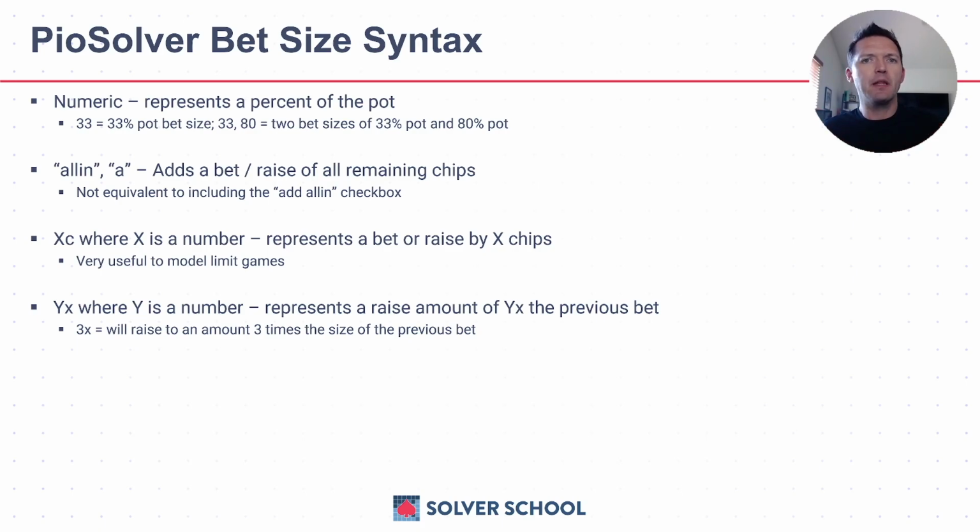So commonly used here would be 3x, 4x, 2x, whatever the case may be. But if I chose 3x here, that's going to choose a raise size that is going to equal 3 times the size of the previous bet by whoever that player's opponent is on the previous street. So let's hop over into PioSolver and show you how this works.